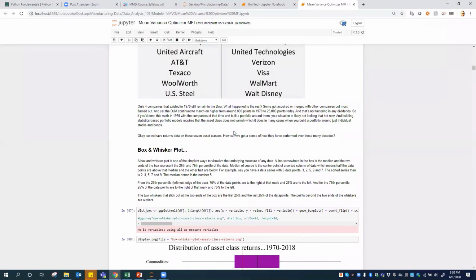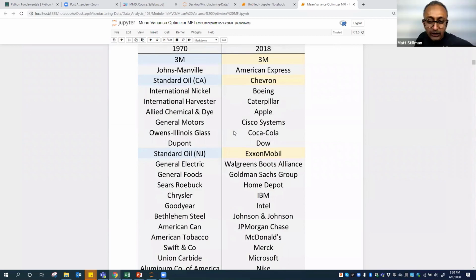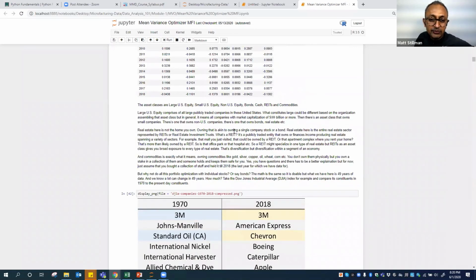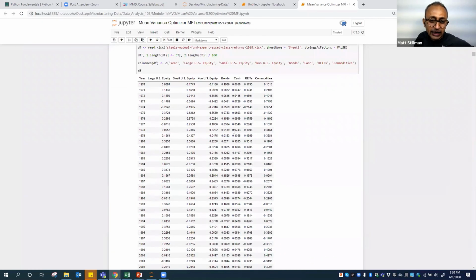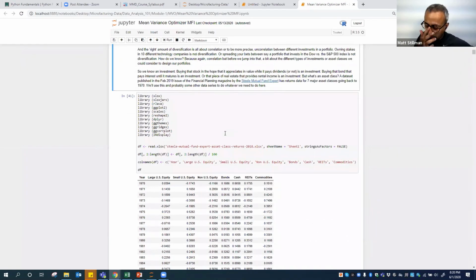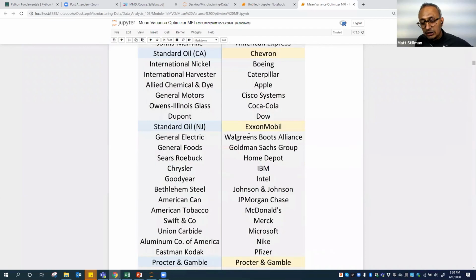But the goal is to cover as much as possible and have fun. I feel this is a lot of fun if you start to work around this material, and it will give you some hands-on practice. The goal is not to just learn the math part.